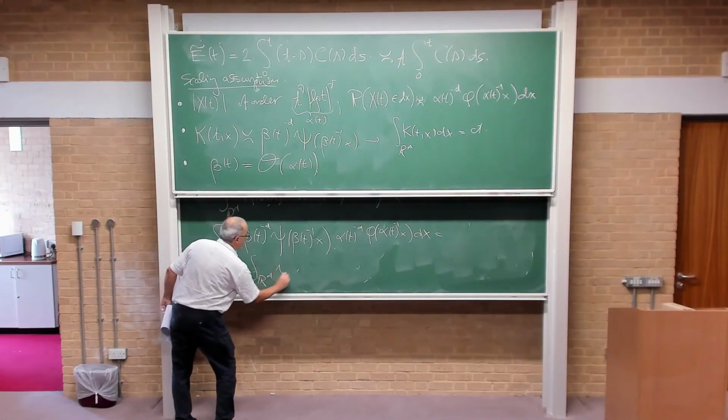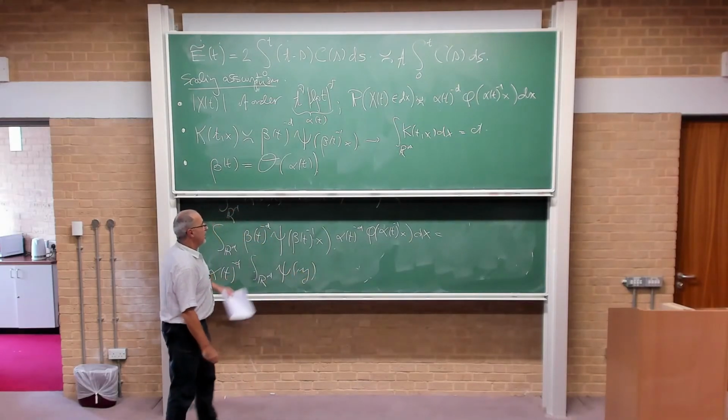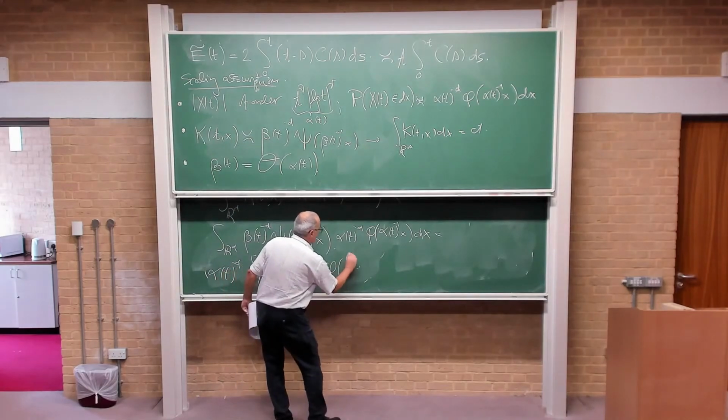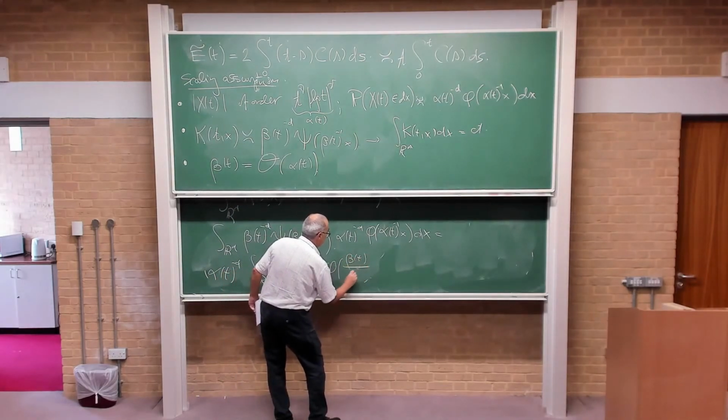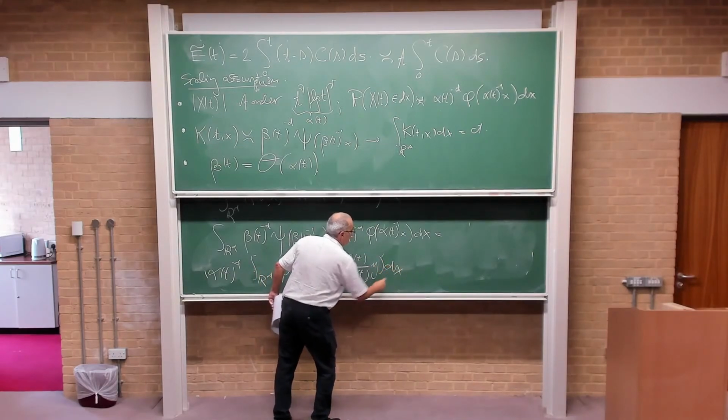I have psi at y, and I have phi at (beta_t divided by alpha_t) y dy.